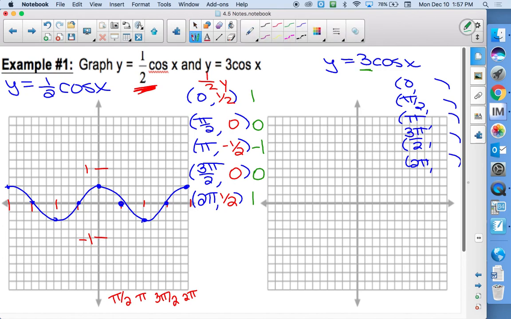Except if you're multiplying by 3, what happens to your y values? You multiply them by 3. So instead of it being 1/2 for the first value, it's now 3. And then 0, and then -3, and then 0, and then +3. So whatever number's in front is changing the y value of the graph. You're multiplying by the y of the graph. The x values are not changing. It's the same exact angles.